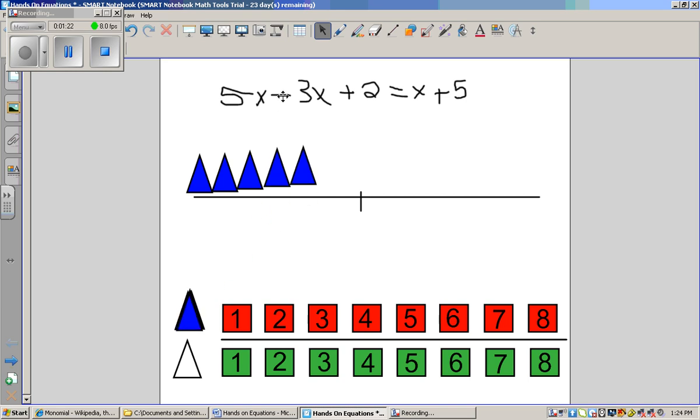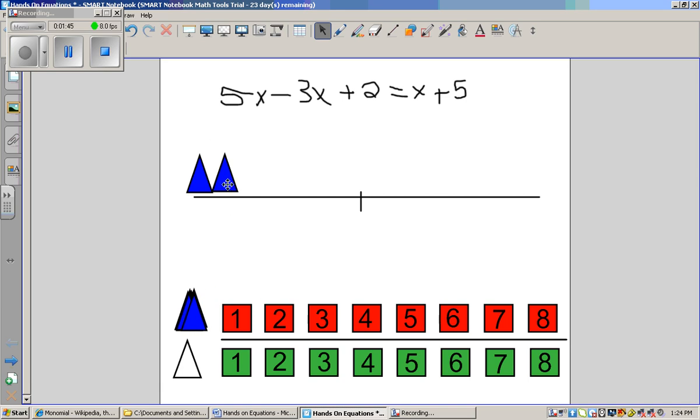And then it says minus 3x, so that actually takes away 3 of the 5 x's, or variables, that we just put up. So I'm going to take away 3: 1, 2, 3. Those are the 3 I took away. I'm actually going to put them down here, but I wanted to show you that I was taking 3 away.